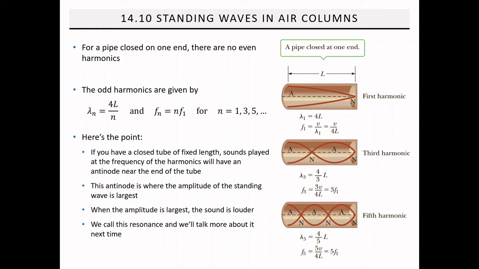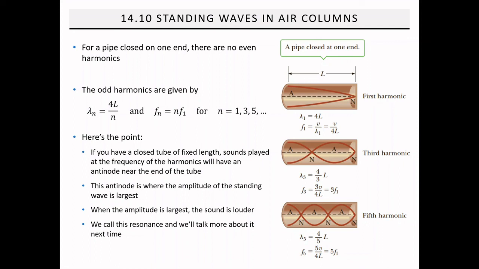If we keep working our way up the harmonics by adding node and antinode pairs, then we will find that for a pipe that is closed on one end, there are no even harmonics at all. We'll also find that the pattern for the odd harmonics is that the wavelength of the nth harmonic is 4 times the length of the tube over n, and the frequency is n times the fundamental frequency.